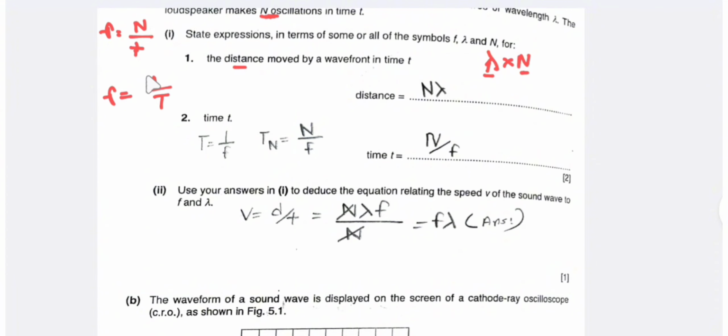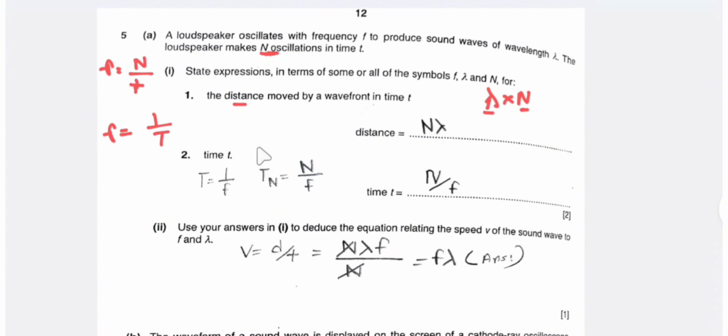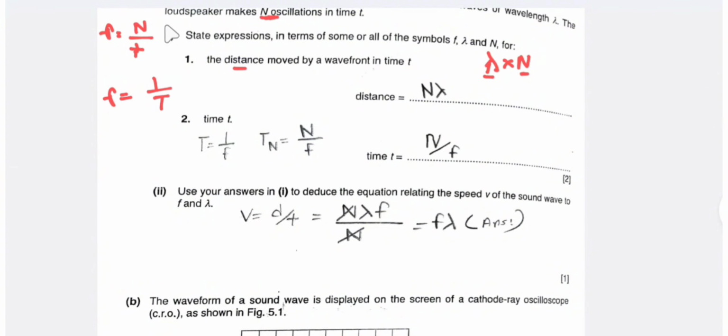If we divide, we get the time for one wave. Frequency is the number of oscillations per unit time; for one oscillation, we take the time for one oscillation.